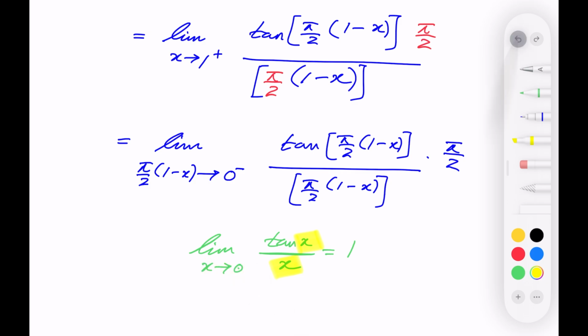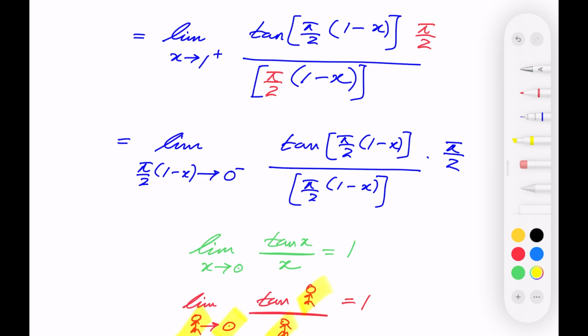In other words, you can remember this theorem this way. Limit, a figure, such as a man, approaches 0, tangent of the man divided by the man should be equal to 1. No matter what, whatever the figure you have in these three places must be identical, and that figure should go to 0.